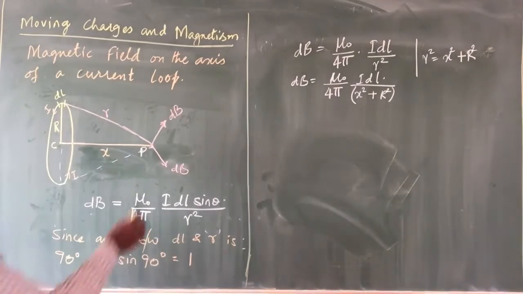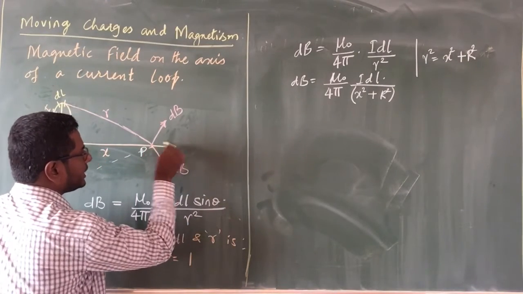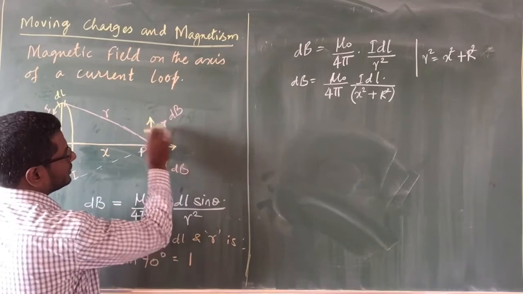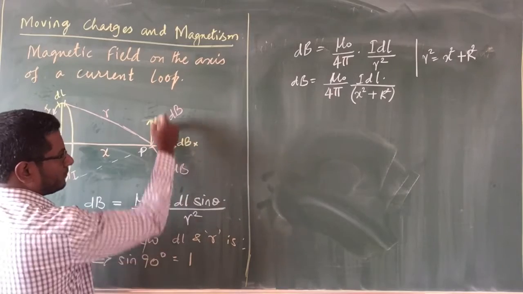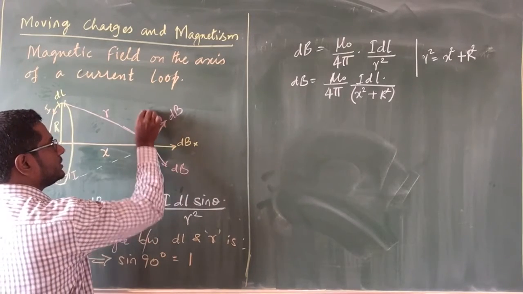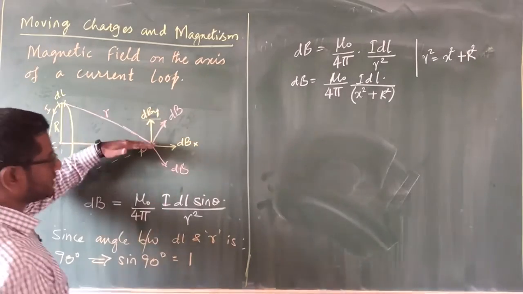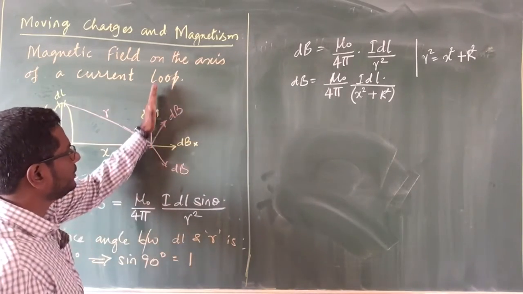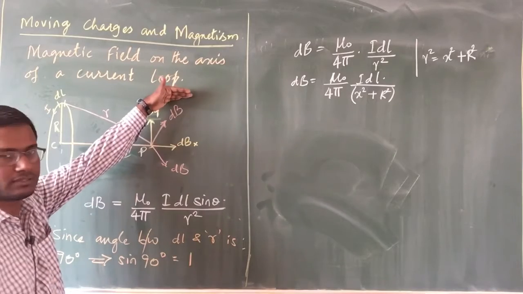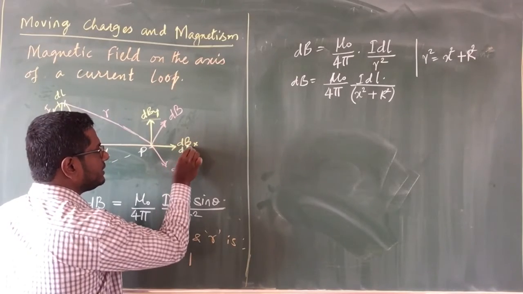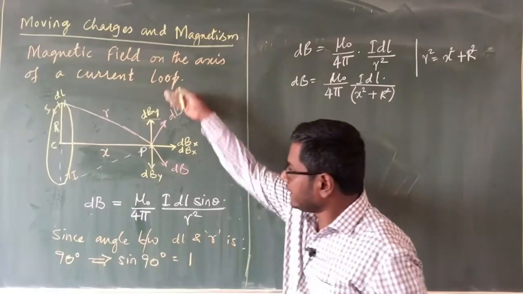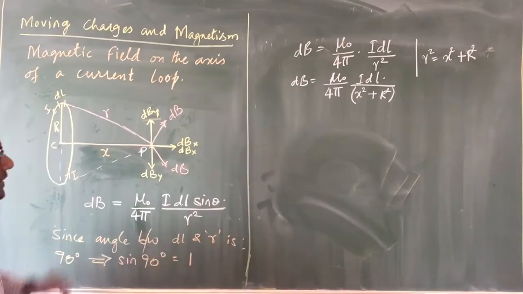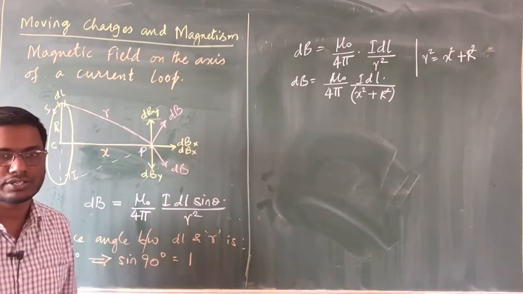We are going to take the horizontal component and the vertical component. The horizontal component for the upper vector is dBx, and the vertical component is dBy. For the lower part, again this is dBx and the vertical component is dBy. The vertical components are equal and opposite, so these two will cancel each other out. What is left is only the horizontal component.